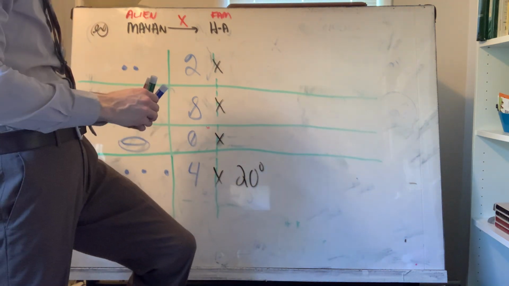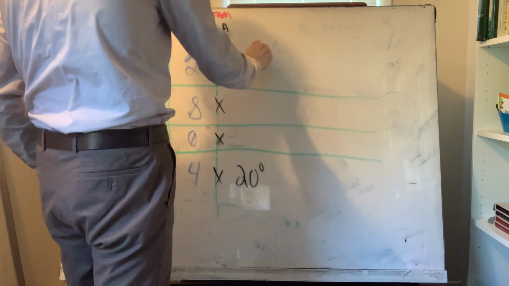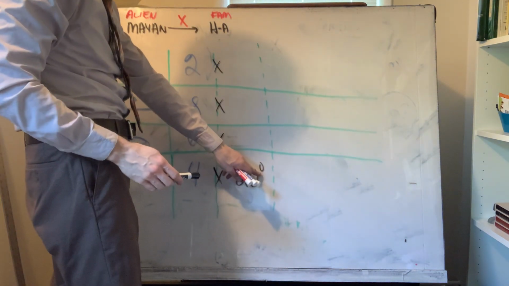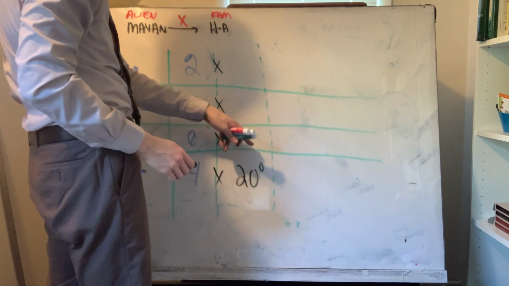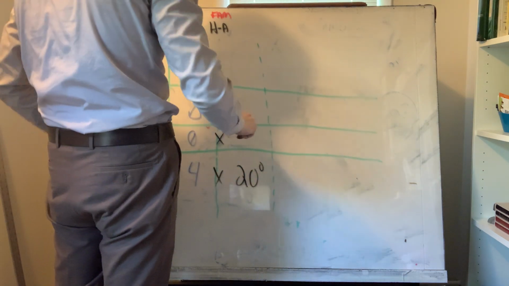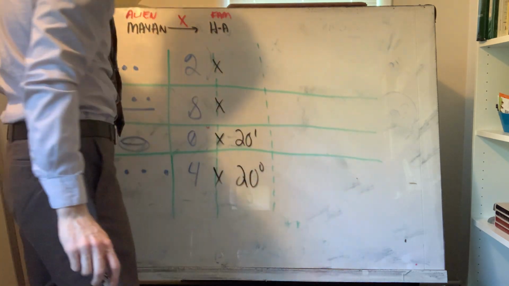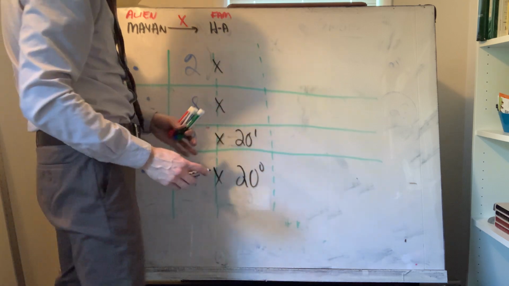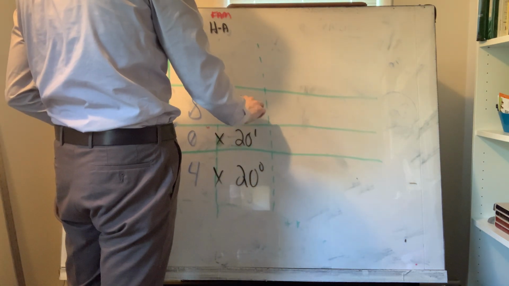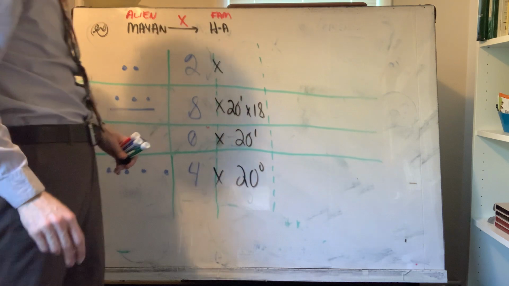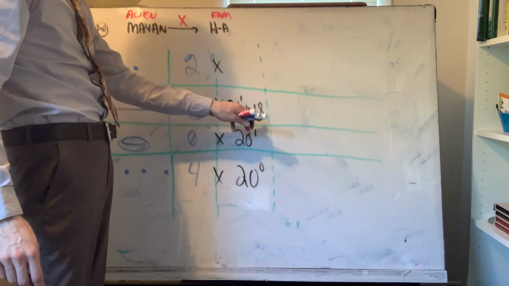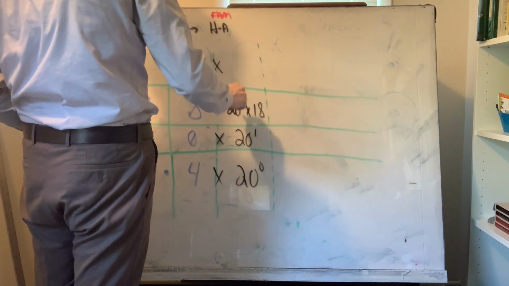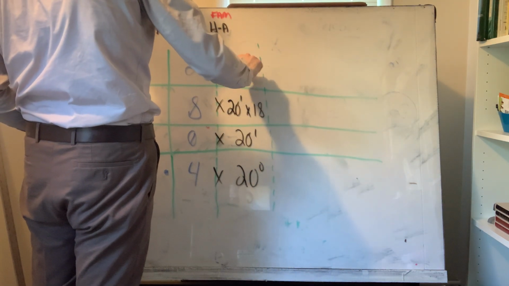I'll come back and straighten that out in a minute. Just beware, it's going to increase the power of 20 by increments of 1. So this would be times 20 to the first. Then at the next level, after 20 to the first has already been accounted for, you're going to do 20 to the first again, but you also have to multiply by 18. The third level is always bringing 18 into the mix. So now this is 20 squared times 18.